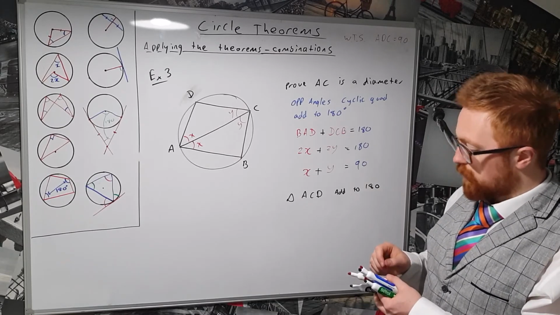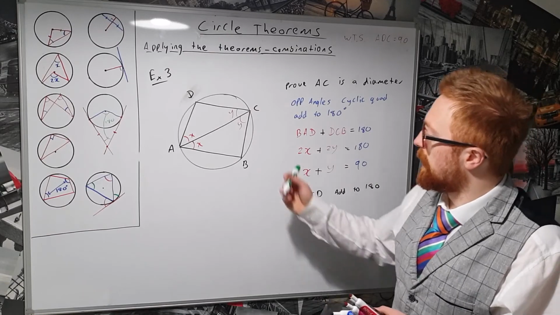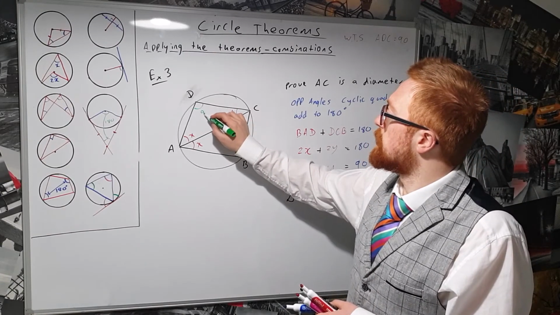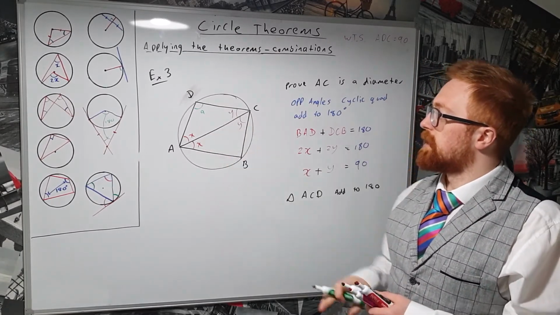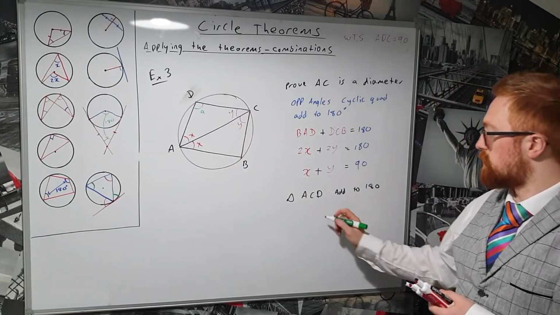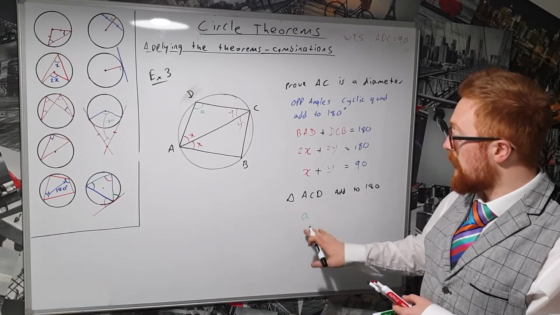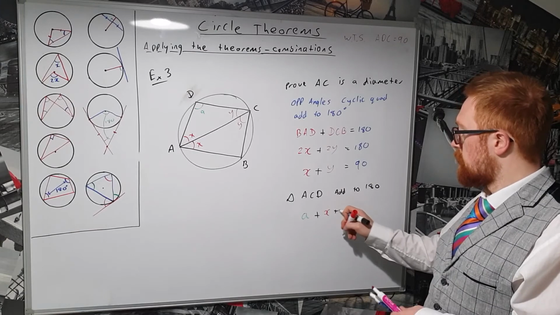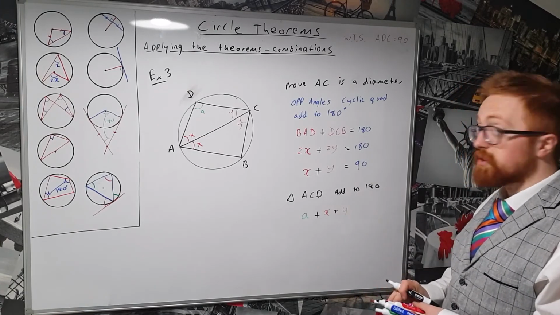Let's give this angle here a letter. It's often nice to think about these things with letters. We've got x and y, so let's call this angle A. The three angles in this triangle have to add up to 180, so A plus x plus y is 180.